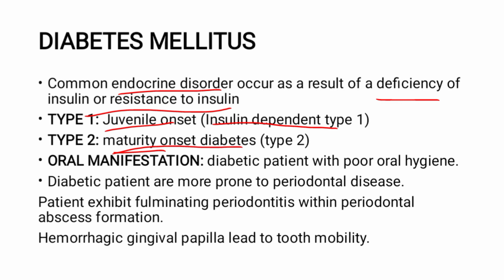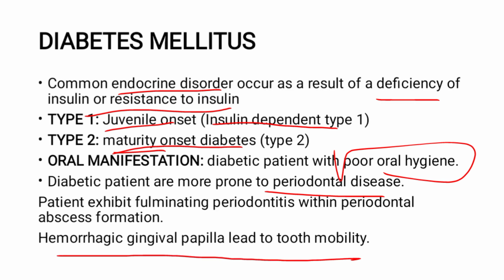Oral manifestation: the patient will have poor oral hygiene, and is more prone to periodontal diseases. It also shows fulminating periodontitis with periodontal abscess formation, and hemorrhagic gingival papilla leading to tooth mobility.